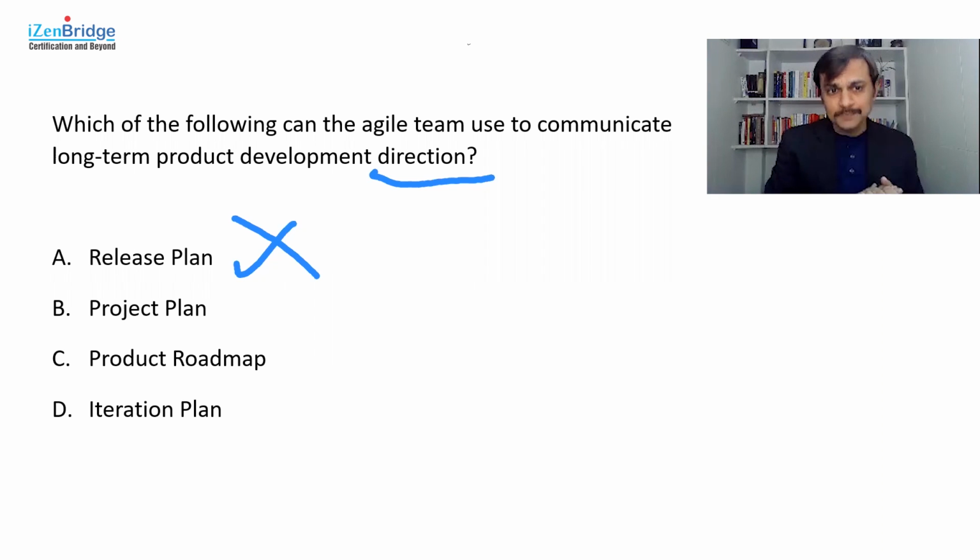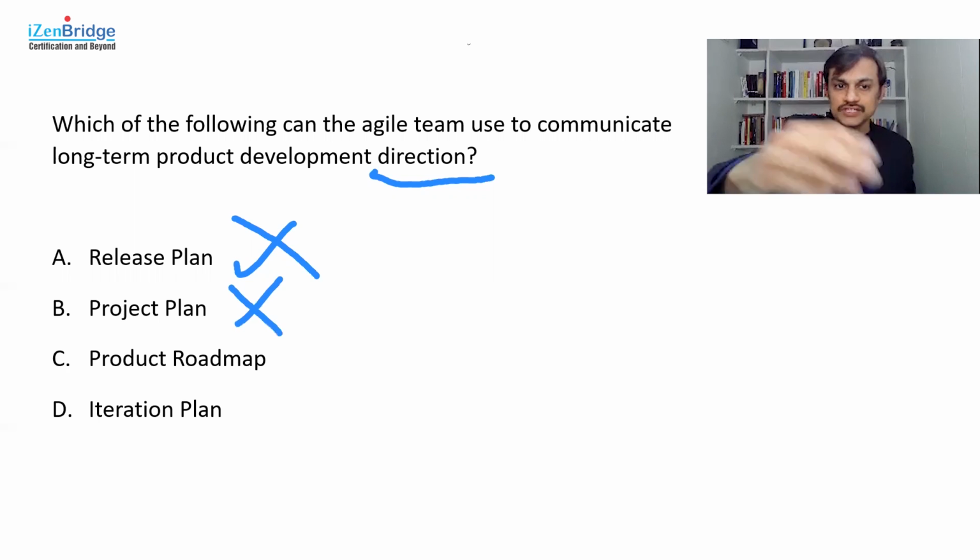Option B, project plan. Now, since we are focusing on agile ways of working and we are focusing on the direction, not the plan, we can fairly assume that in the agile way of working, we are progressively going to do our planning. Rolling wave planning and progressive elaboration are the kind of things we are going to use. So we cannot say that we have a project plan which can give us a long-term direction.